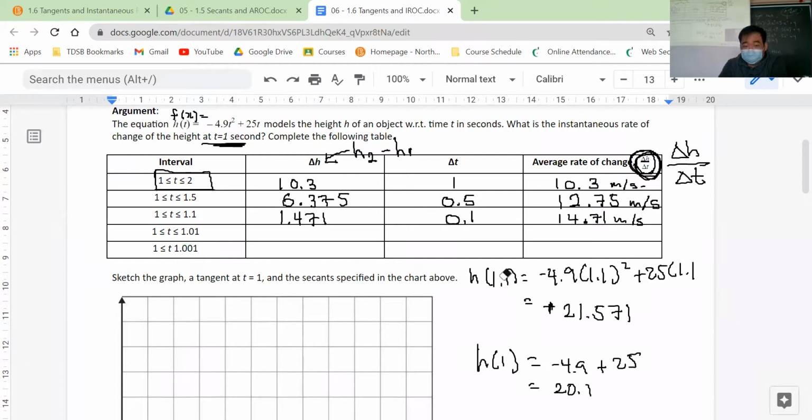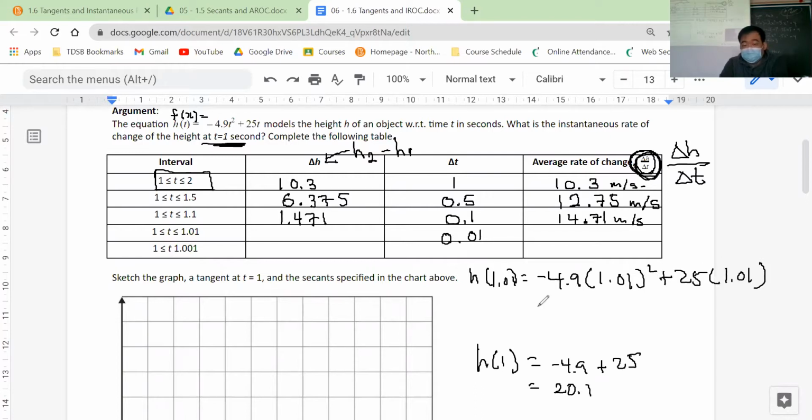1.01 is next. So the interval is 0.01. The height at 1.01 is negative 4.9 times 1.01 squared plus 25 times 1.01, which is 20.25151.